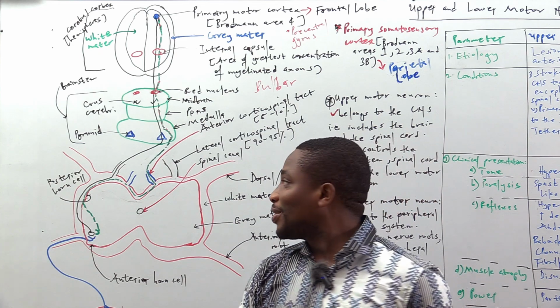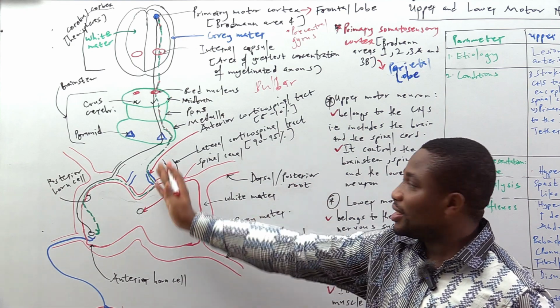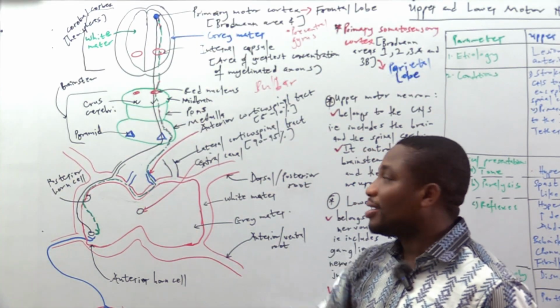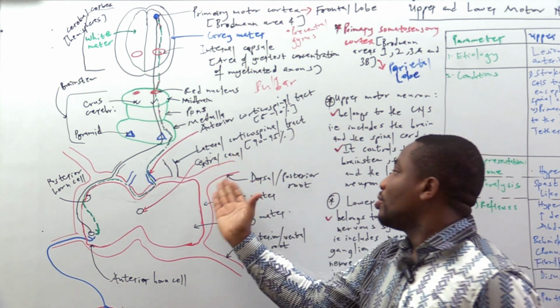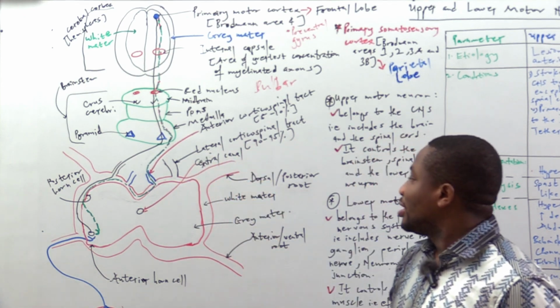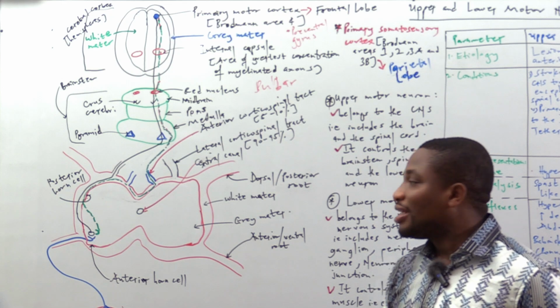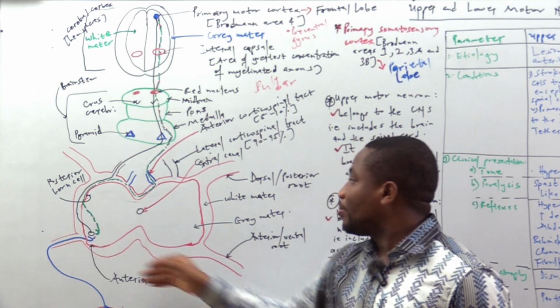Let's move on. When you come to the spinal cord, as you can see, the spinal cord has a canal at the center. We call it the central canal. Then again, we have the dorsal root, which is where the sensory neurons will go through. Then we have the anterior root, or what we call the ventral root. That is where the motor neurons will go through, as you can see.